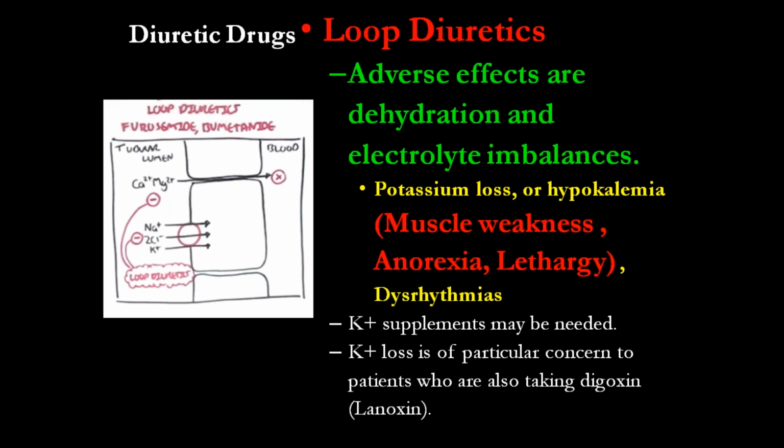In general, all the electrolytes are going to cause muscle weakness, nausea and vomiting. That's why I put anorexia here, because you don't want to eat when you have nausea and vomiting. And lethargy is already a second level of muscle weakness, so you become slow.